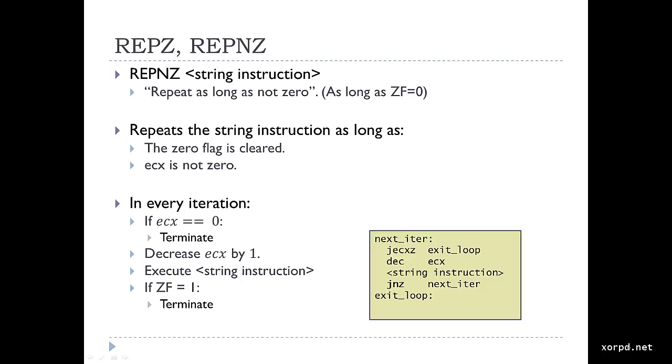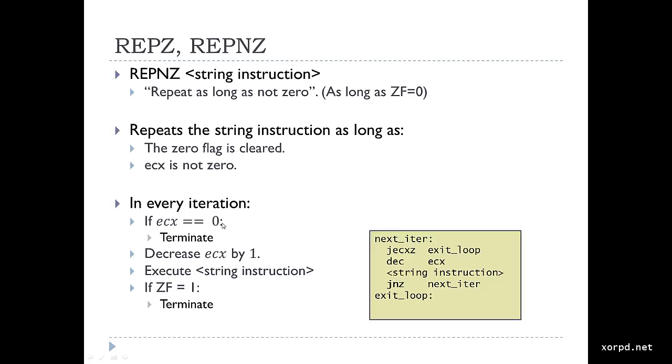Some basic pseudocode of what happens in every iteration. First we check if ECX equals 0, we terminate, which means that we finish the instruction. As an example, if you begin this instruction, REP-NZ string instruction, when ECX is 0, then nothing is going to happen because of this clause.